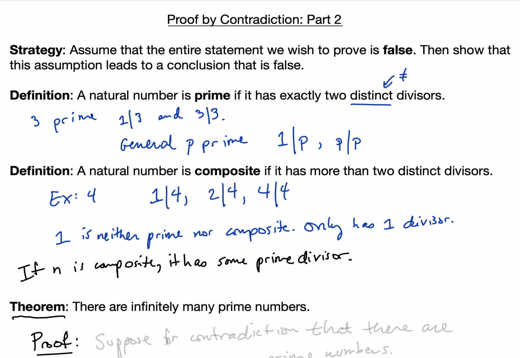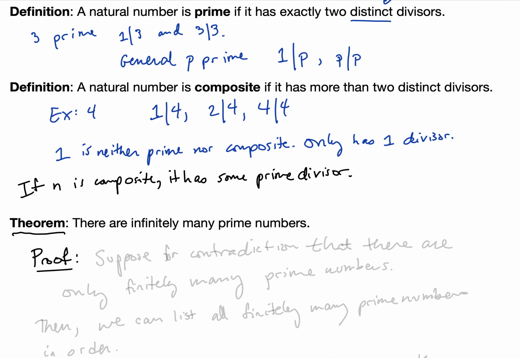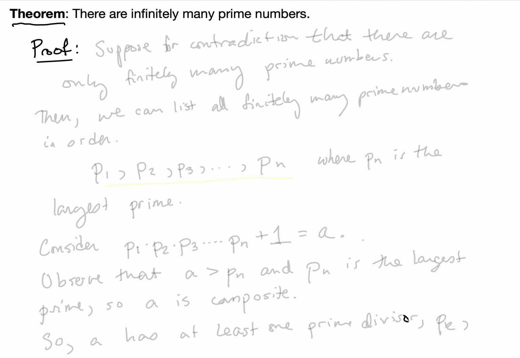So proof. Well, if there are not infinitely many prime numbers, then there must be finitely many. So suppose for contradiction that there are only finitely many prime numbers.